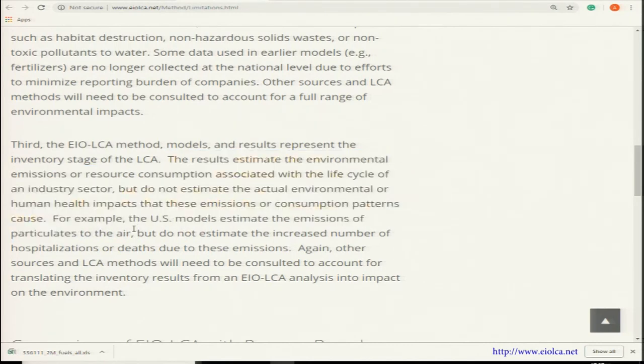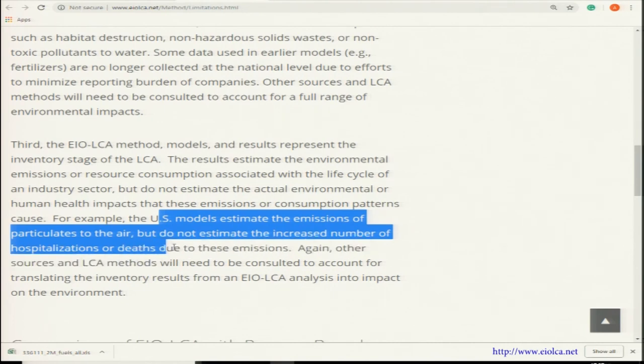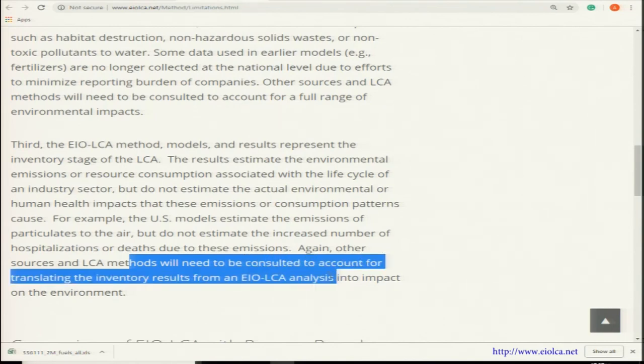For example, the US model estimates the emissions of particulates to air, but does not estimate the increased number of hospitalizations or deaths due to these emissions. Again, other sources and LCA methods will need to be consulted for translating the inventory results from an EIOLCA into impact on the environment.